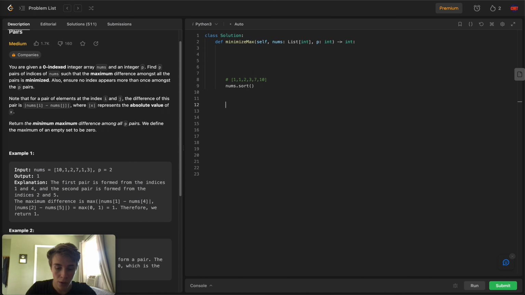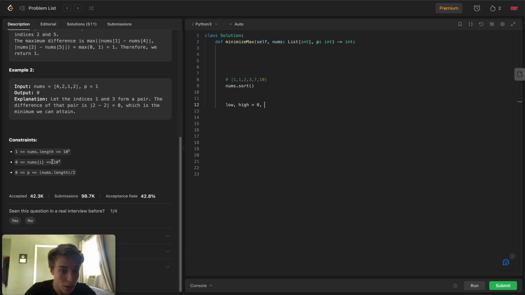That means that we're going to start with a low and a high, with a 0 and what is the maximum difference or number that's there? The max number is going to be 10 to the power of 9.